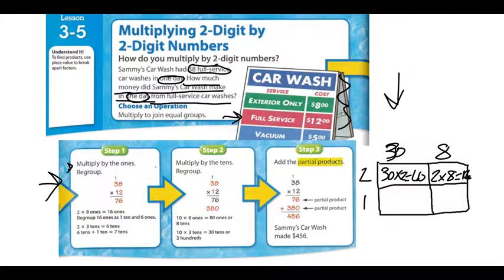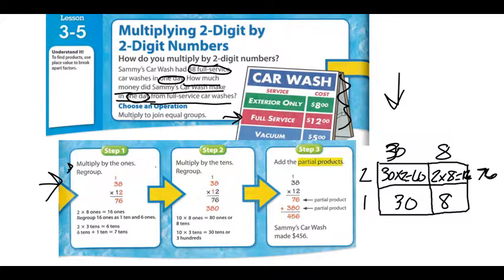And I am going to be adding 60 and 16, which equals 76. So there's partial products within a partial product, if that makes sense. So now 30 times 1, I can just say 30. And then 8 times 1 is 8. So that's 76 plus 38.